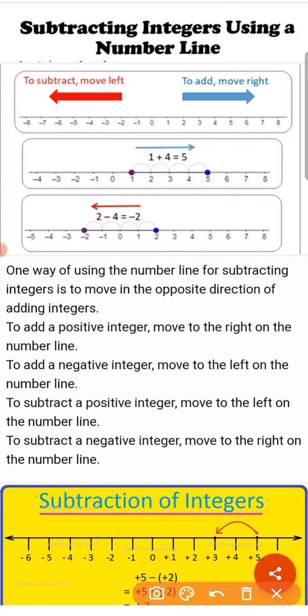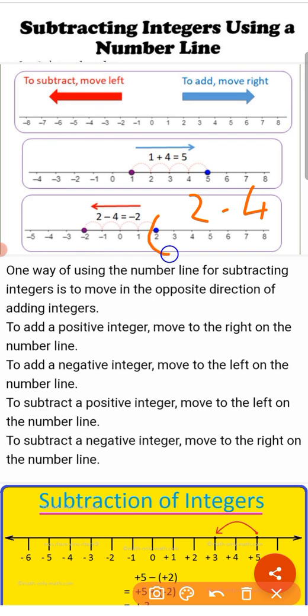In the second question, 2 minus 4. Here we are subtracting two positive integers. When we are subtracting a positive number, you should move left.